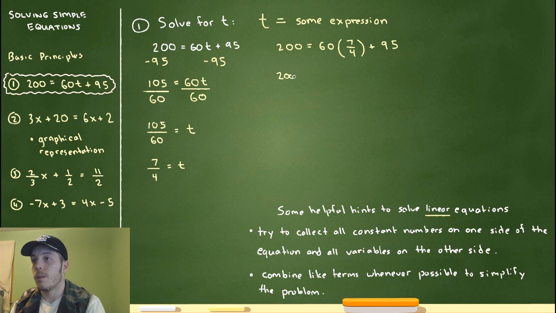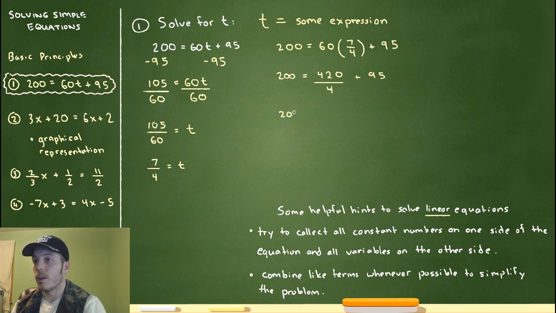So 200 is equal to, now 60 times, you could consider this 60 over 1, but 60 times the 7 will give me 420. Then division by 4, plus 95.